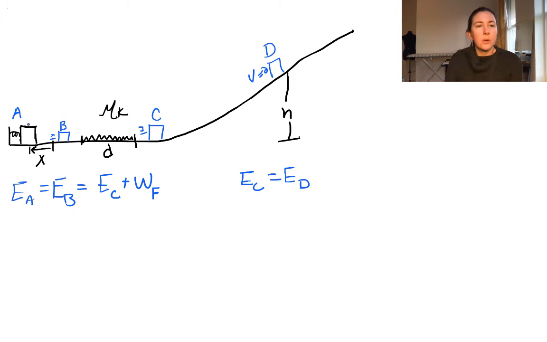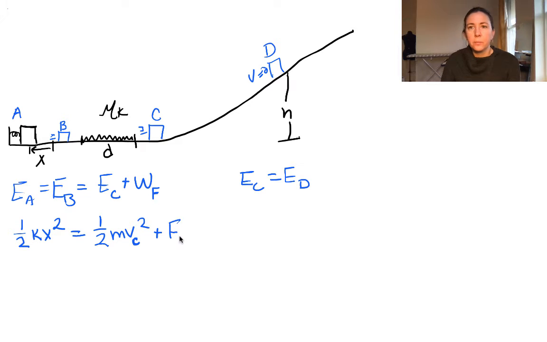All right, so energy at A is all elastic potential energy, which is 1/2 kx squared. x is the distance that it's pulled back. Then at point C, we have velocity, so we have kinetic energy, 1/2 mv squared, and I'm going to call that the velocity at point C, plus the work done by friction, which is the force of friction times the distance that the block travels.